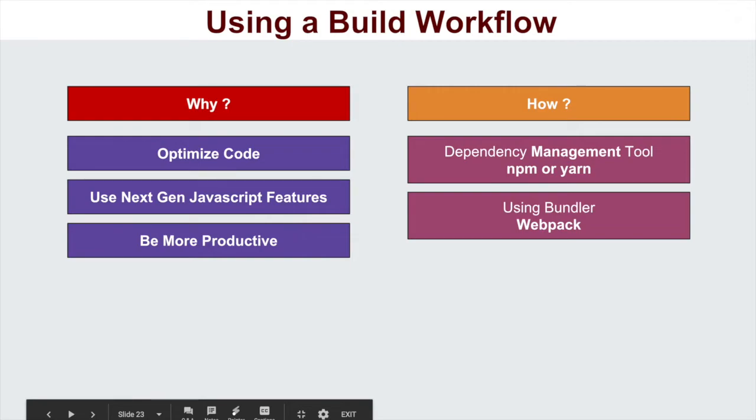Besides that dependency management tool, we need a bundler because we want to write modular code and split it up over multiple files so that each file has a clear task, a clear focus, and therefore is easier for us to maintain and manage.